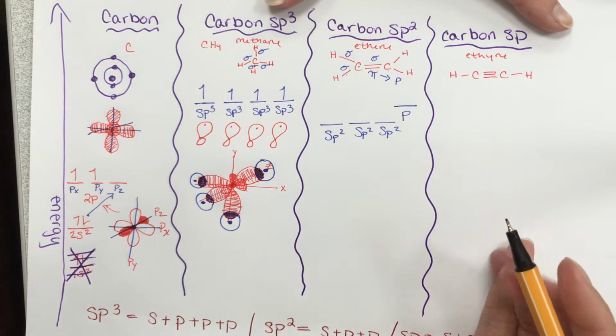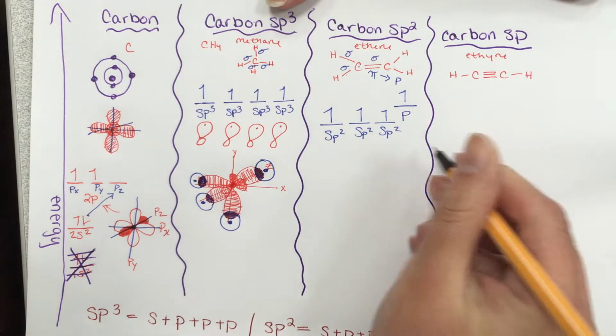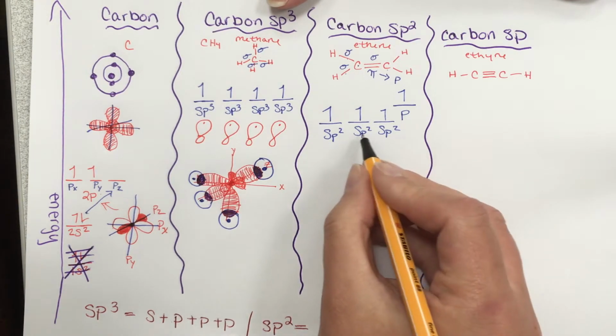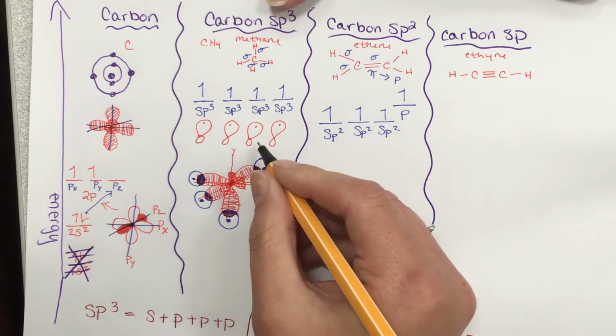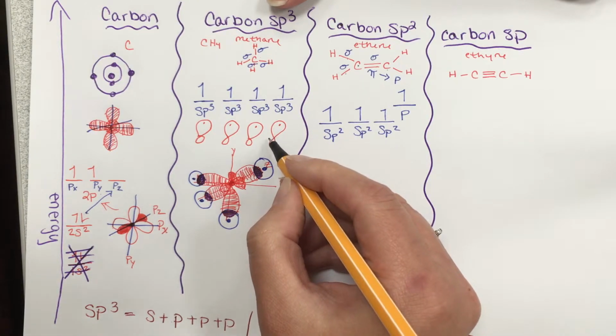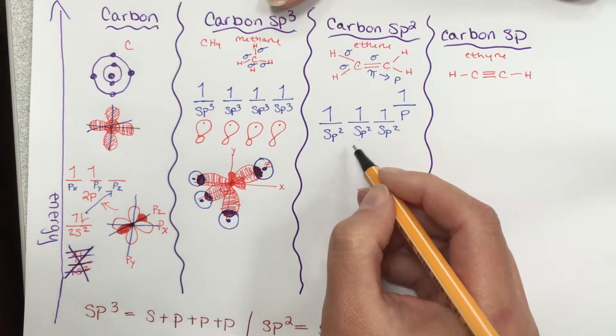Let's take a look at what this molecule will look like. Again, 1 electron for each orbital. So it still has 1 electron in each, and they're going to look different. The sp2 will have a little more s character than the sp3 did, because that was 75% p and 25% s. This will be 33% s and 67% p.